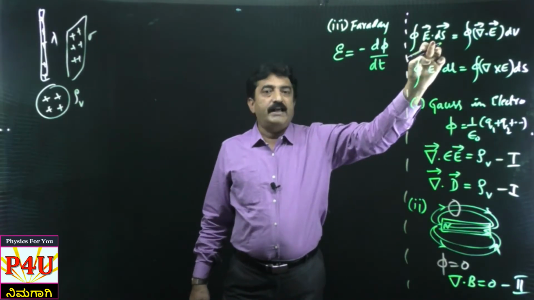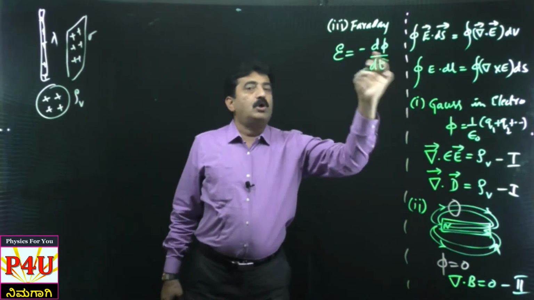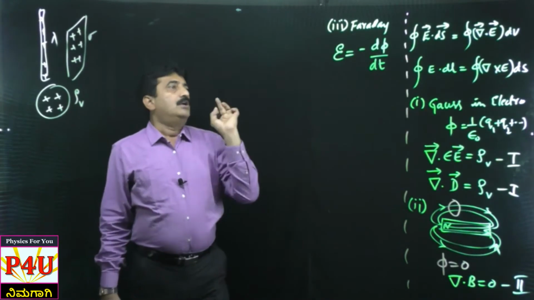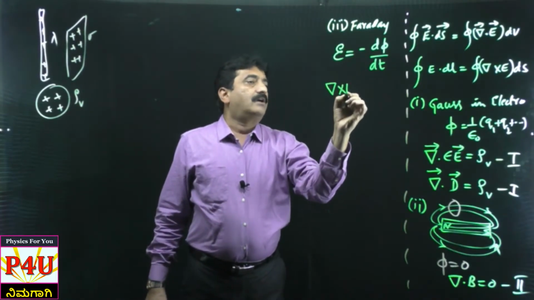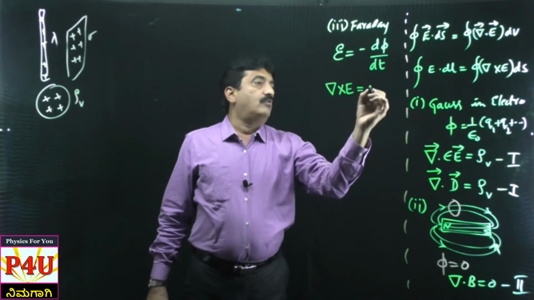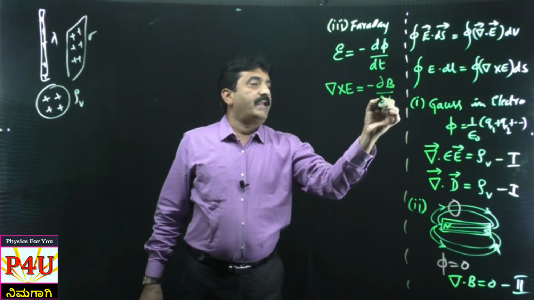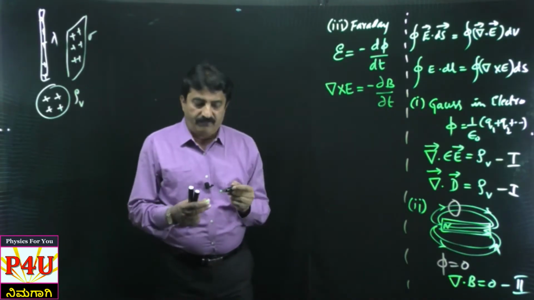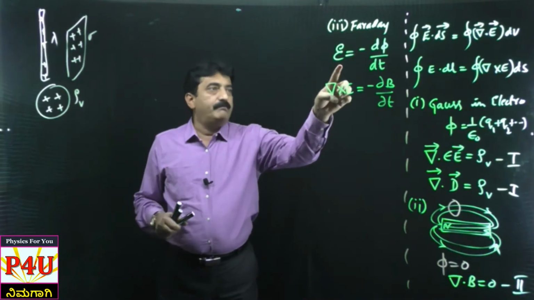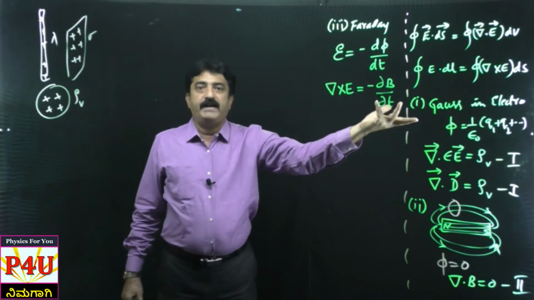Okay, Gauss theorem helped us to obtain equations number 1 and 2. Now Stokes theorem will assist us to derive the next equation, that is del cross E is equal to minus dou B divided by dou T, where E stands for electric field, B for magnetic field. Dear students, EMF is associated with electric field, flux is associated with magnetic field.